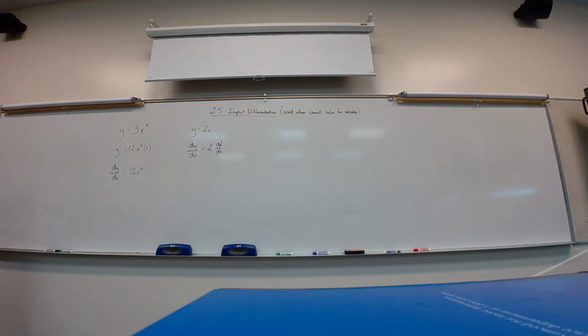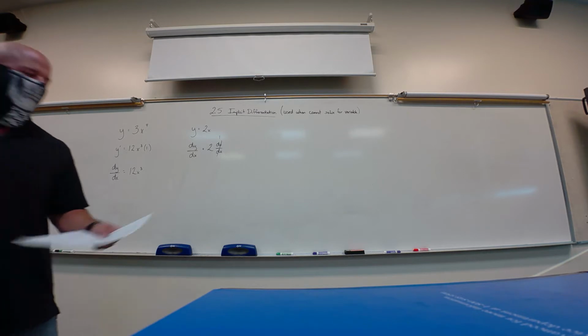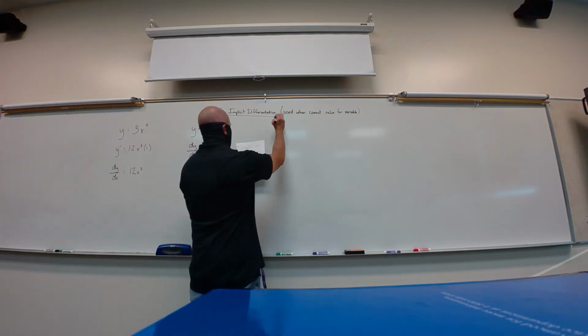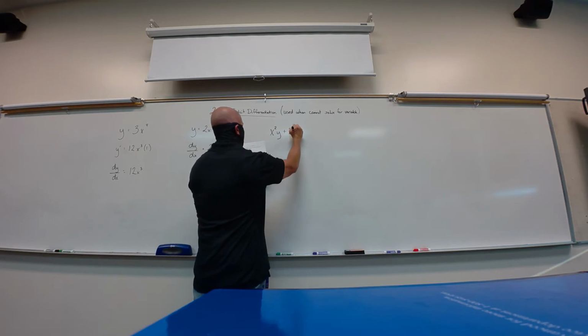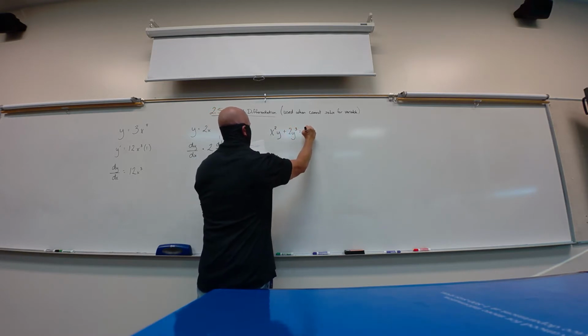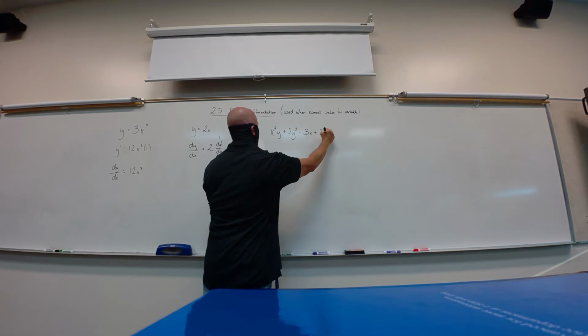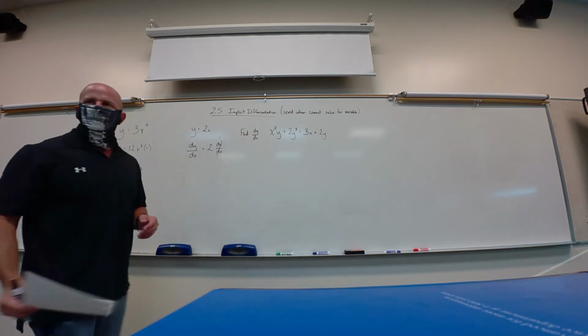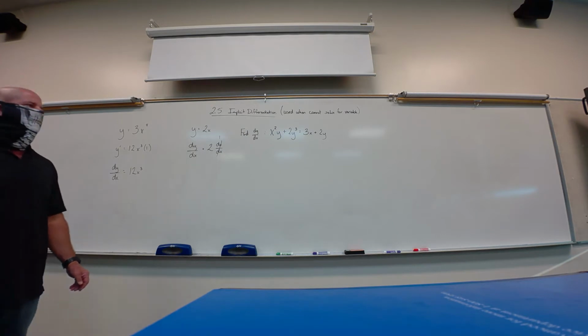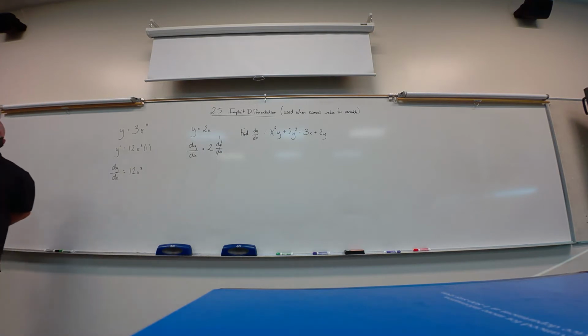That's the nice thing. Okay? Let's look at something like this. Let's say we have x squared y plus 2y cubed equals 3x plus 2y. And I said find dy/dx of that.